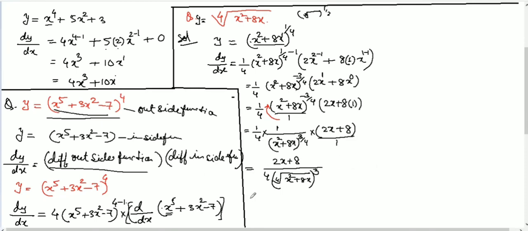Now everything is done here. Now again simplify it. You can leave the answer here, but you can always write the answer in simplified form. So take 2 common from the top line. 2 will be common: x plus 4 over 4, and then fourth root of x square plus 8x to the power 3.